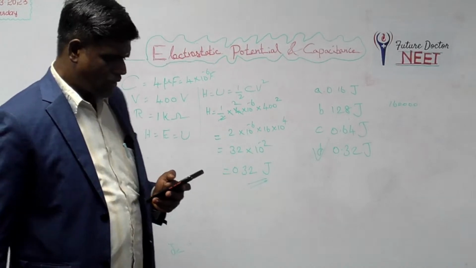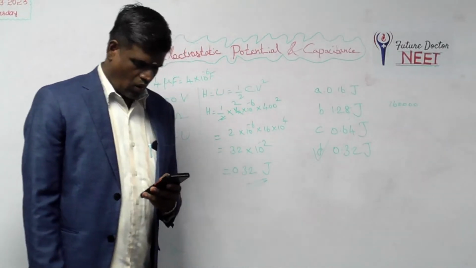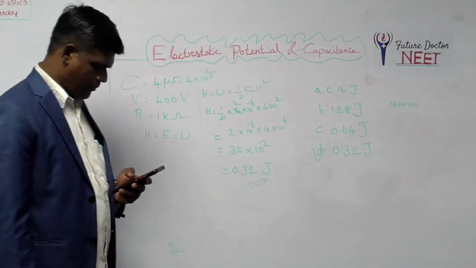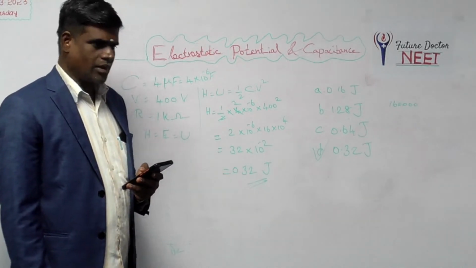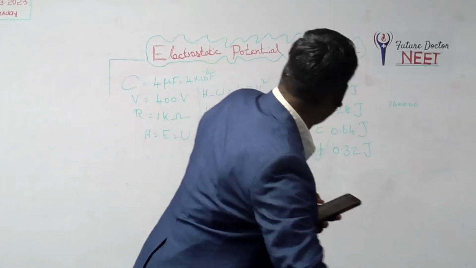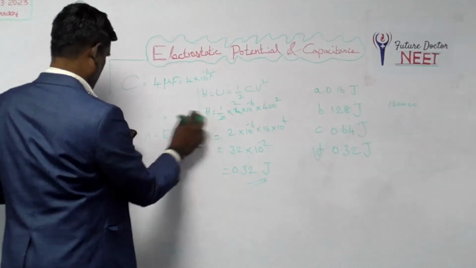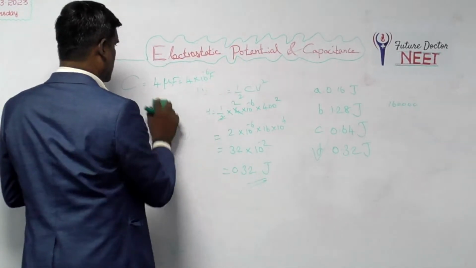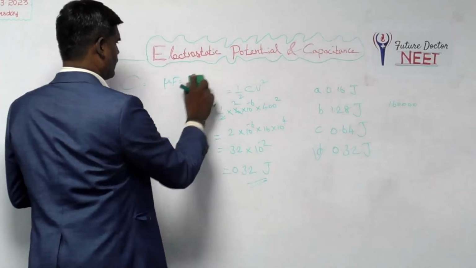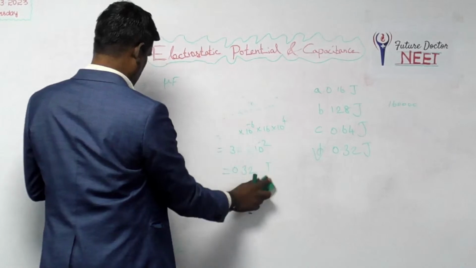The capacitance of a parallel plate capacitor with air as a medium is 6 microfarad.